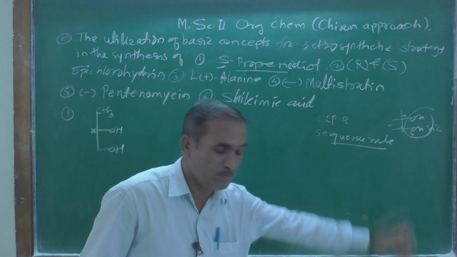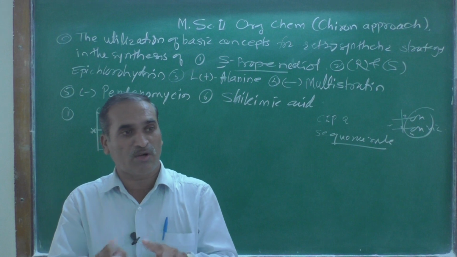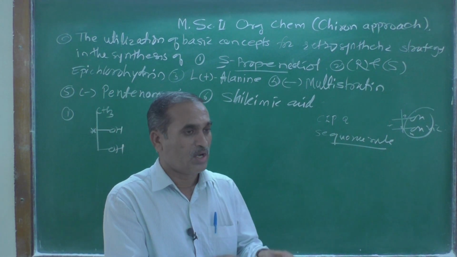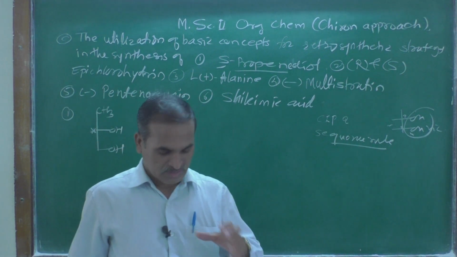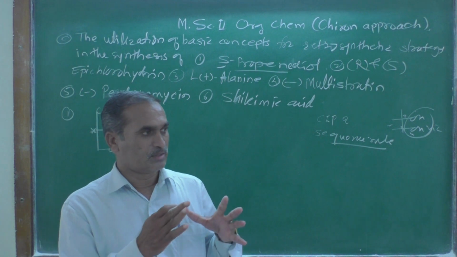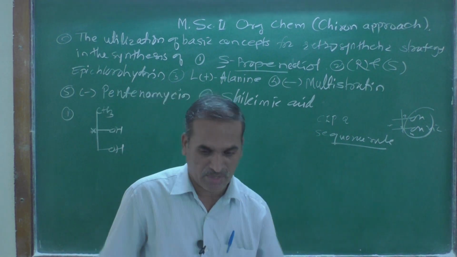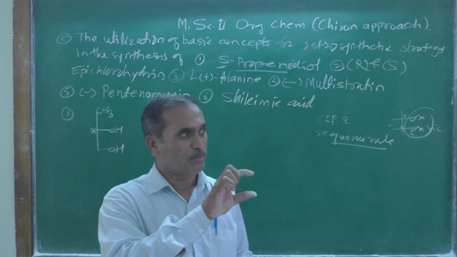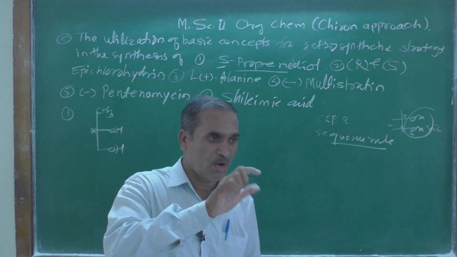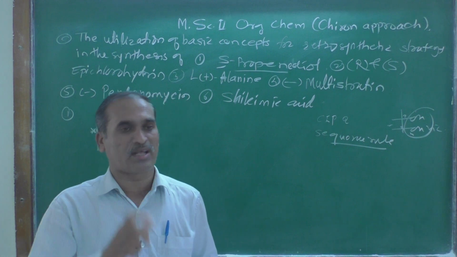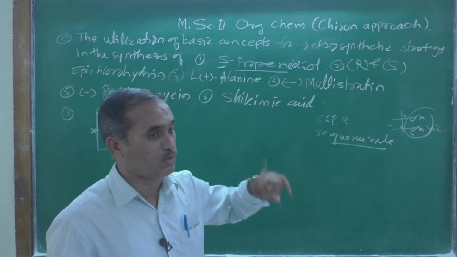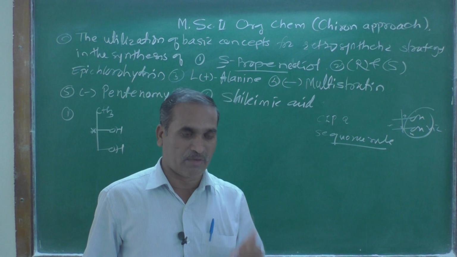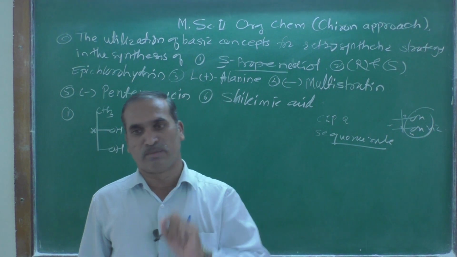The sequence rule means the arrangement of priority numbers around the chiral center. Rule number 1 is atomic number.